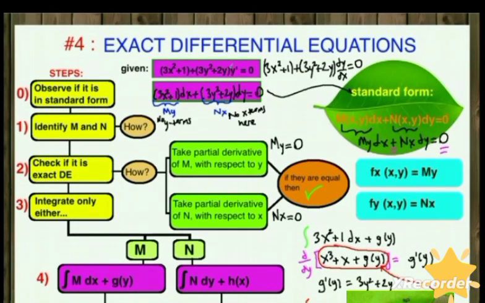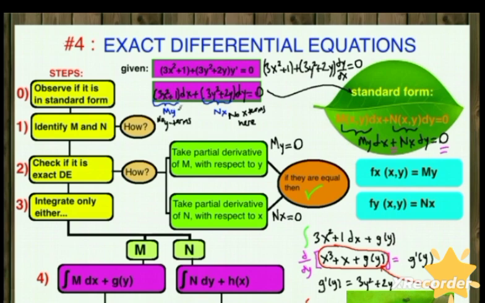We were given some function, and we observe it, and we would like to see if it is in the form of M dx plus N dy equals 0. And here, the plus sign and 0 are a must to check for standard form. The dx part of the function, we call it M, and the dy part of the function, we call it N. And in some sources or in your school books, you might see My and Nx as well. As the second step, you need to identify M and N parts of your given equation.